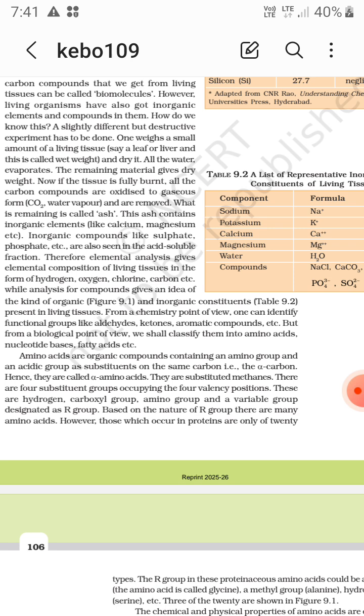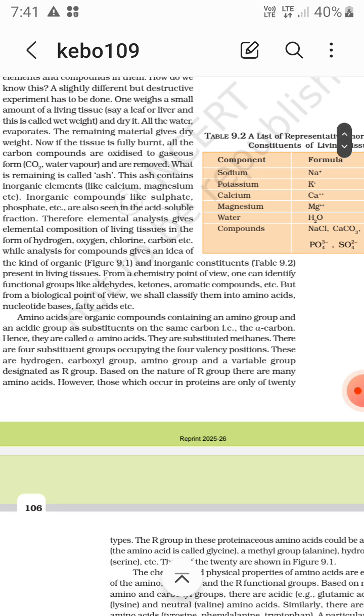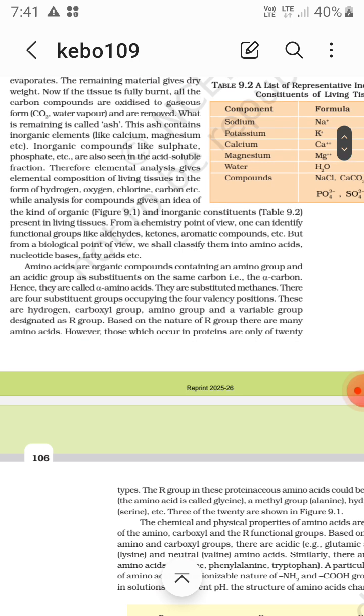Therefore, elemental analysis gives the elemental composition of living tissues in the form of hydrogen, oxygen, chlorine, carbon, while analysis for compounds gives an idea of what kind of organic and inorganic constituents are present in living tissues.